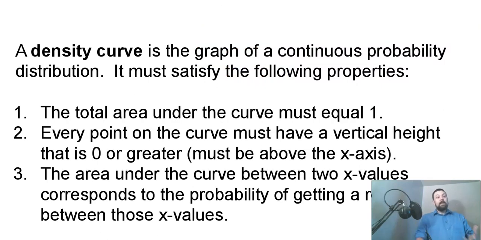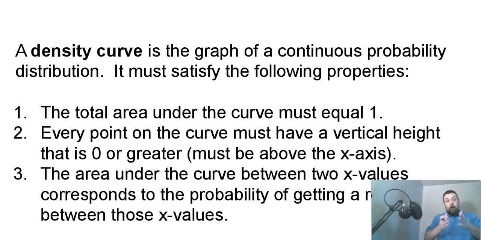So a density curve is the graph of a continuous probability distribution. And here's how it encodes the probabilities for the different possible outcomes of the random variable. The total area under the curve down to the x-axis must equal 1.